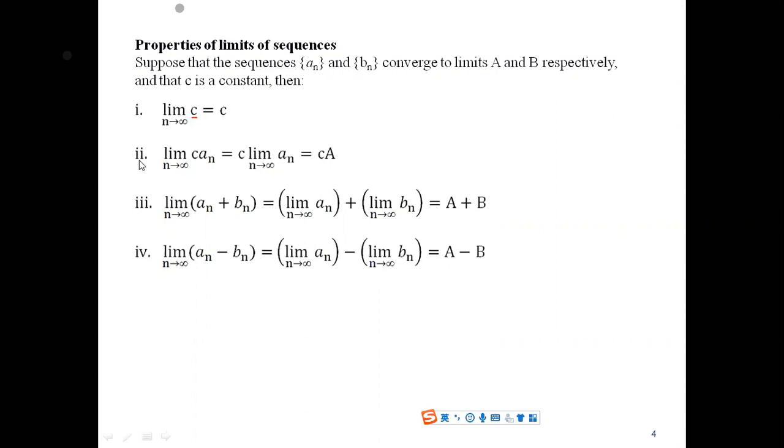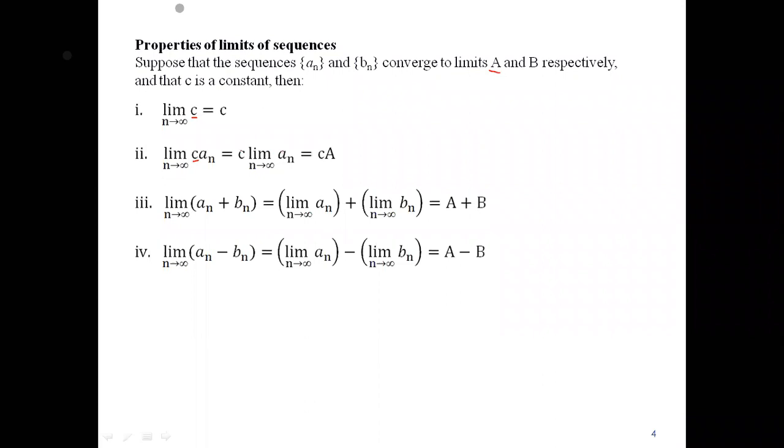Then the second one, the limit of C an. an is the first sequence, the one that converges to limit A that we just mentioned, and this an has a constant coefficient, which is C. So the limit of the product of the constant and the sequence as n approaches infinity is the same as having the constant taken out.